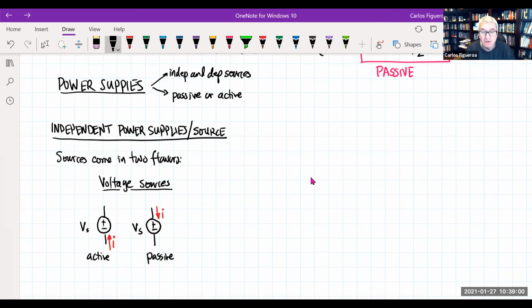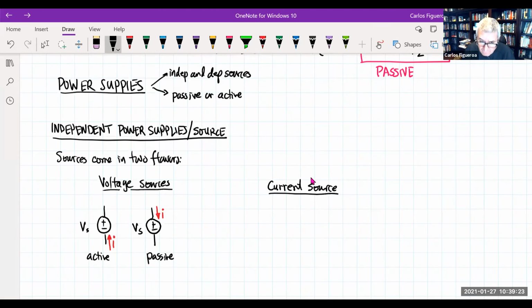Now, a new source that you most likely do not know is called a current source. And once I explain in detail what a voltage source is, a current source will make more sense here. So how do I define a current source?